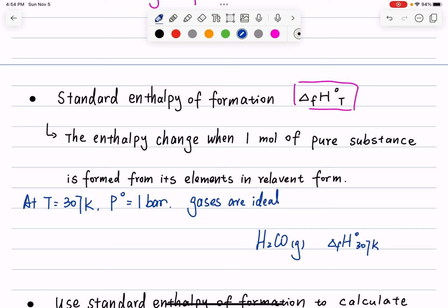What we need is to find out what elements are needed to form our formaldehyde.